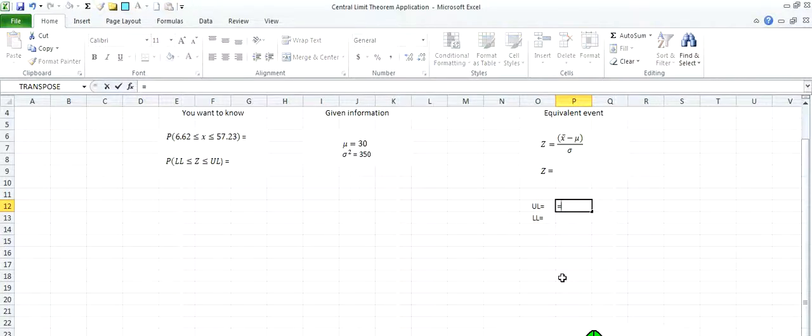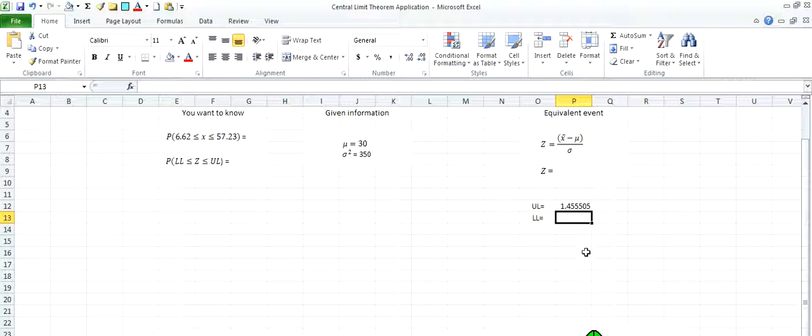We have computed that before, right? The same calculation is equal to upper limit 57.23 minus 30, parenthesis close, divided by SQRT of 350, okay? 1.46, and if you do the same step, you will see the lower limit is negative 1.25.